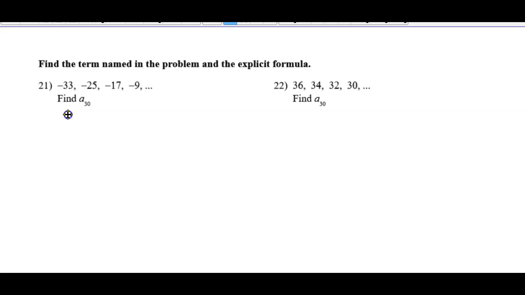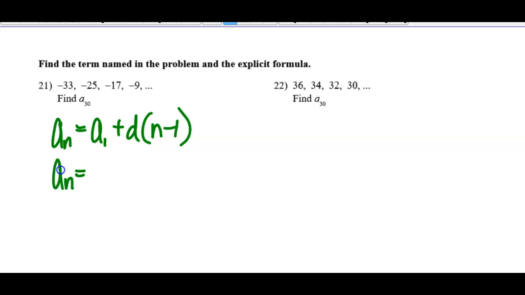All right, number 21 says find the term named in the problem and the explicit formula. So this time they want us to find the 30th term for this one, okay? And the explicit formula, well, we might as well find the explicit formula first, because then we can just put in a 30. So a sub n equals a sub 1 plus the difference times n minus 1 is the explicit form.